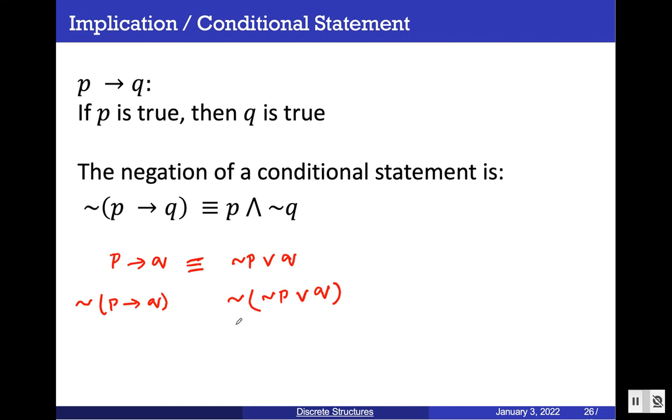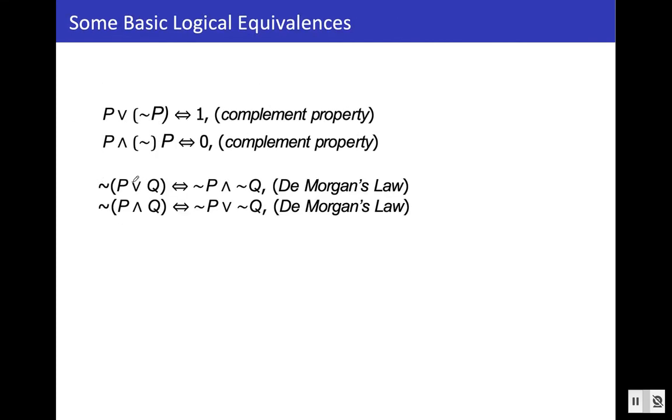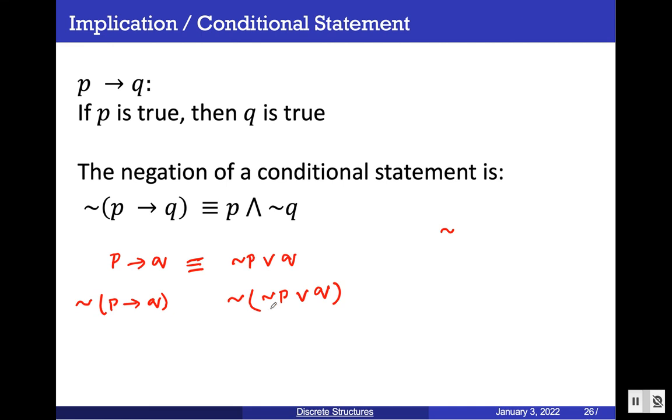Here we can use De Morgan's law. Remember De Morgan's law? Not (P or Q) is the same as not P and not Q, and not (P and Q) is logically equivalent to not P or not Q. We distribute the negation to both, and the symbol changes from or to and, and from and to or.